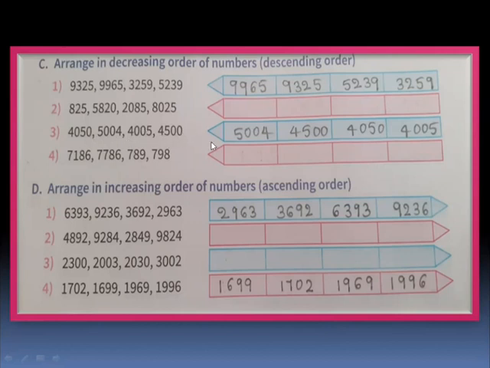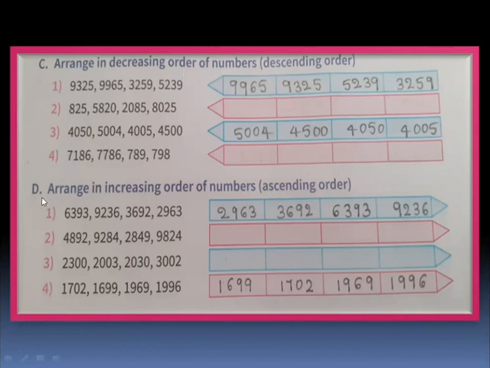In these numbers, which is the biggest number? 5004. Next number is 4500. Next number is 4050. Last number is 4005. Next, fourth one. 7186, 7786, 789, 798. Correctly you have to see these numbers and write in the textbook. Means descending order, means decreasing order of the numbers.